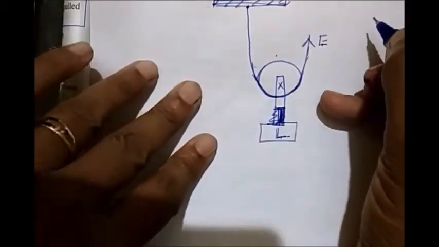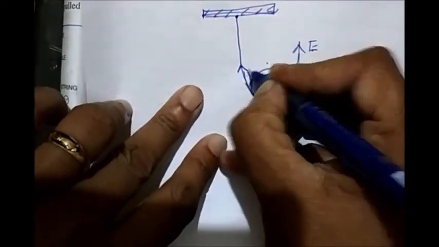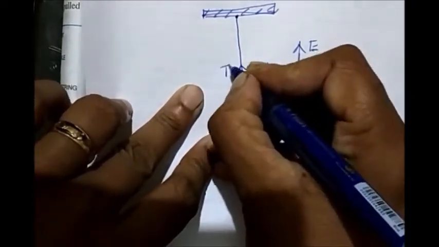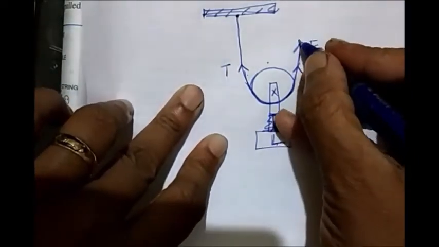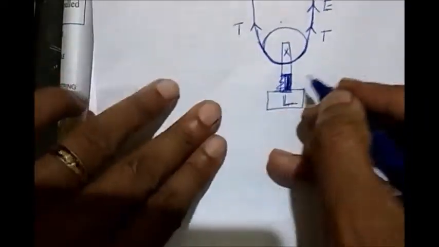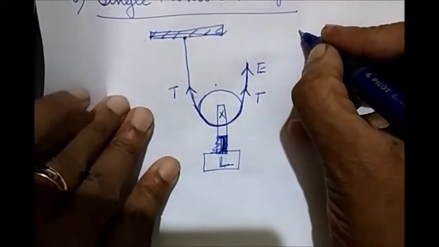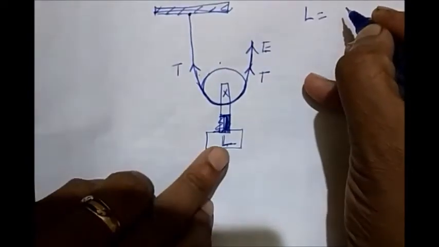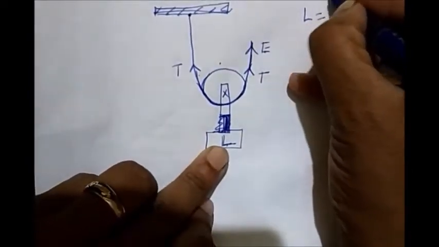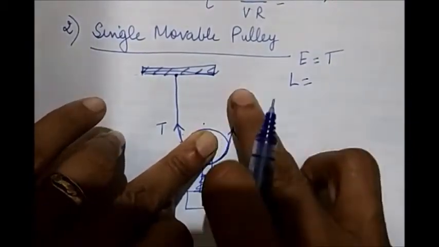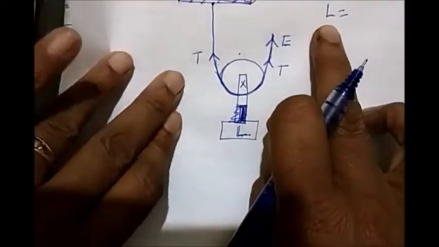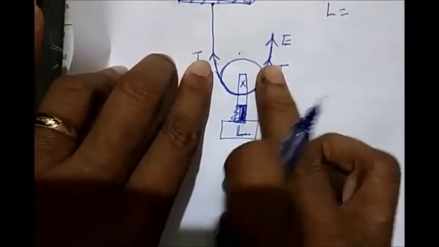Now again, let's derive MA, VR and efficiency. Now let's mark. This is the tension T of the string and this is the tension T of the string. Okay, these are two parts of a string. Now effort is equal to T. Effort is balanced by 1T because only one string is involved. But when I talk about load, it is between two strings.